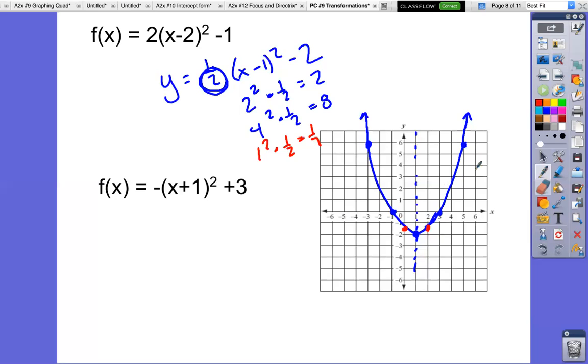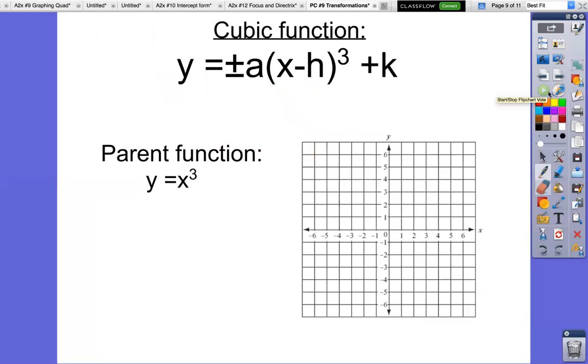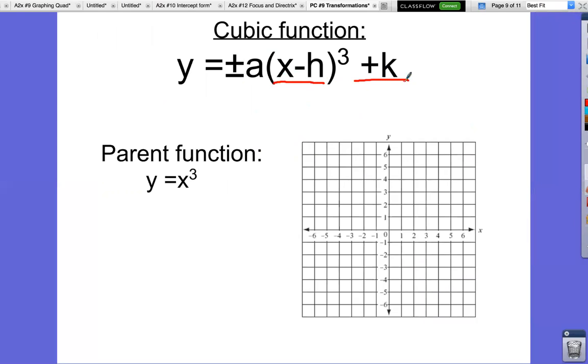All right, let's go on to the last type, which is cubics. Now, again, H still moves it left to right, K still moves it up or down.